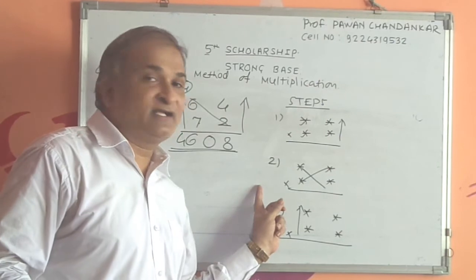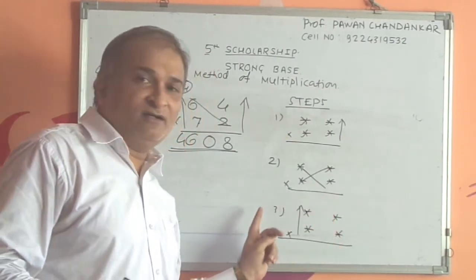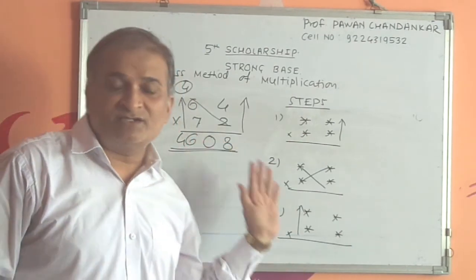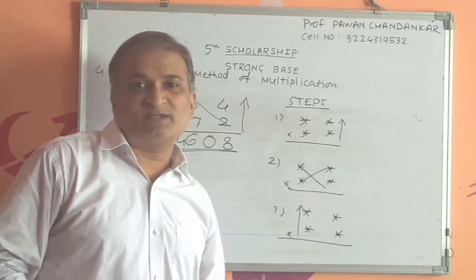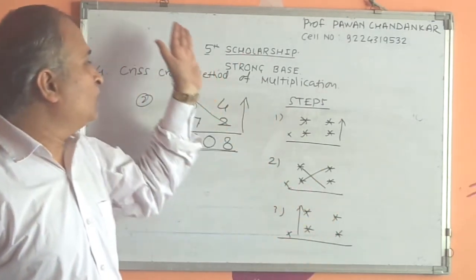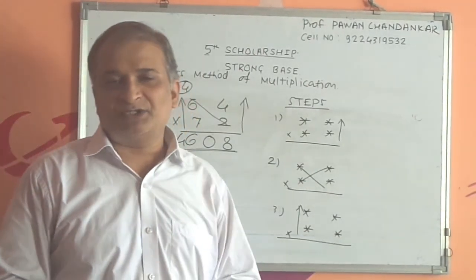At the second step, we do the crosswise multiplication. And at the third step, we multiply the digits at the tens place. This is how one has to follow these steps to solve the question by the crisscross method of multiplication.